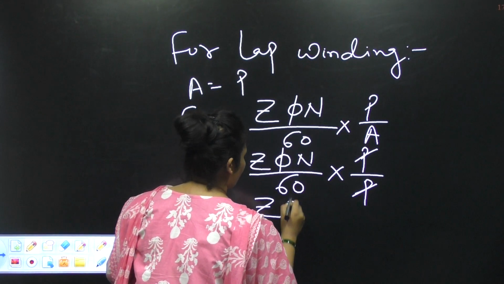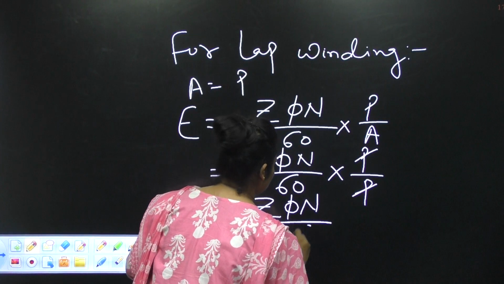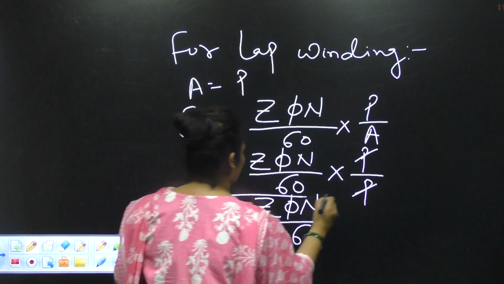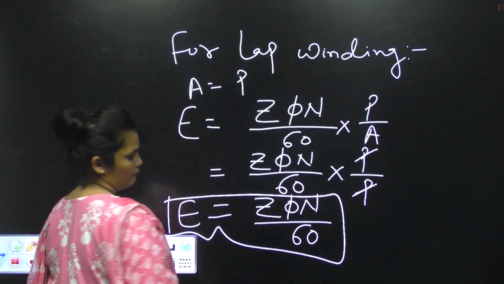Z phi N by 60. That is the EMF equation for lap winding.